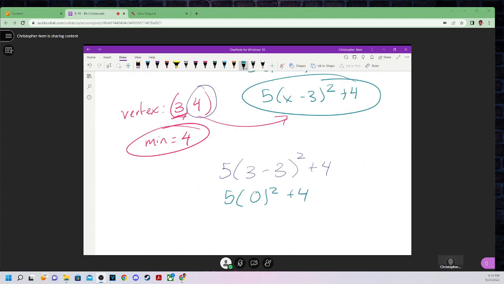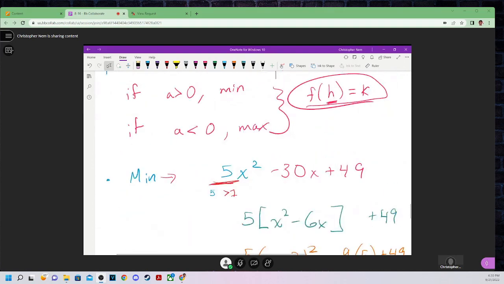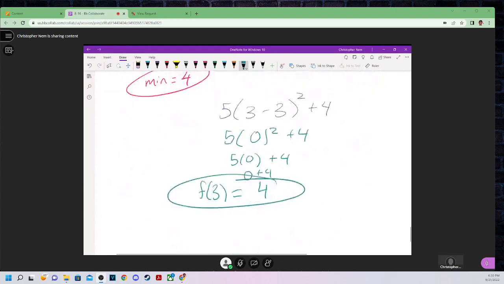And then 5 times 0 is 0, plus 4, which does give me the k value. f of 3 equals 4. If I plug in 3 to my function, I do get 4. So it does work. If I plug in my value, you're good to go.